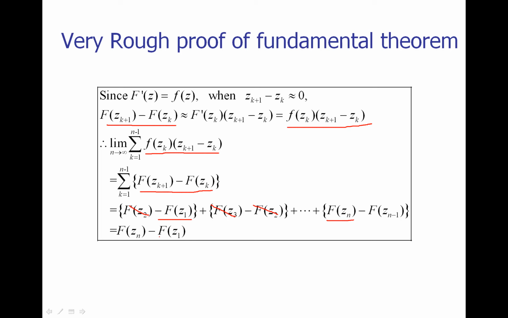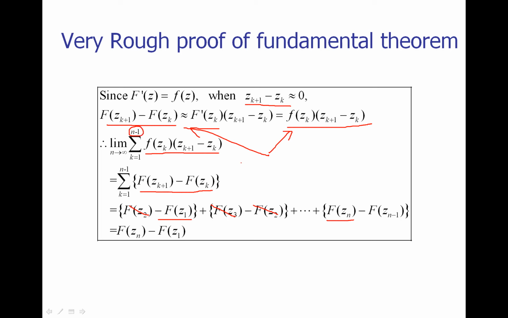So this is a very rough proof. Do you understand which part is wrong? When z_{k+1} minus z_k is close to 0, these two get very close. But the number n increases.